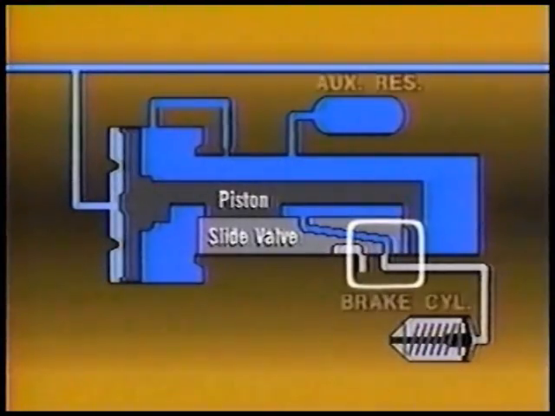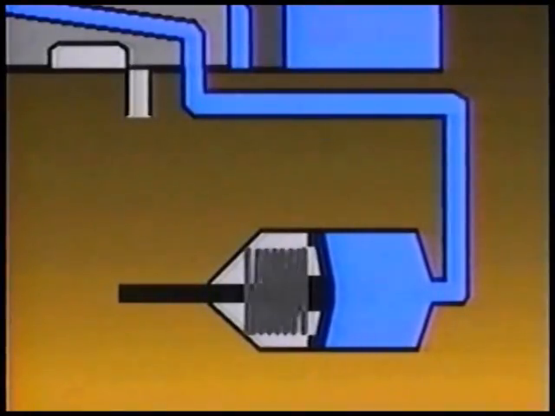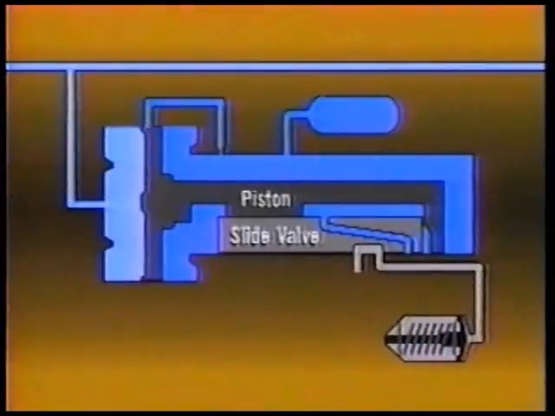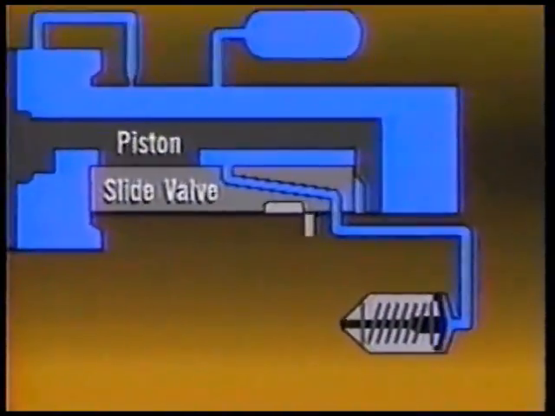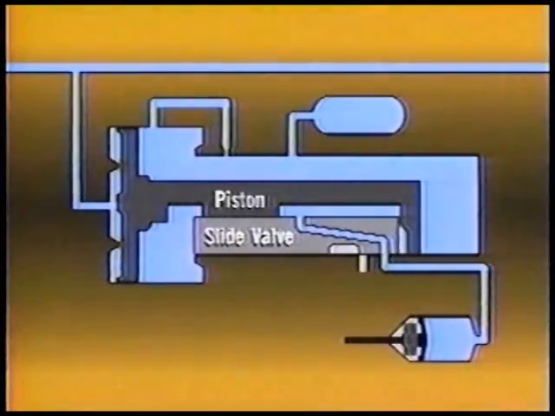Watch as communication between the auxiliary reservoir and the brake cylinder is established. Air will flow from the higher pressure auxiliary reservoir into the zero pressure brake cylinder, forcing the piston to overcome spring tension and move outward. The movement of air from the auxiliary reservoir into the brake cylinder will continue until the pressure on the right side of the piston becomes slightly less than the left side.